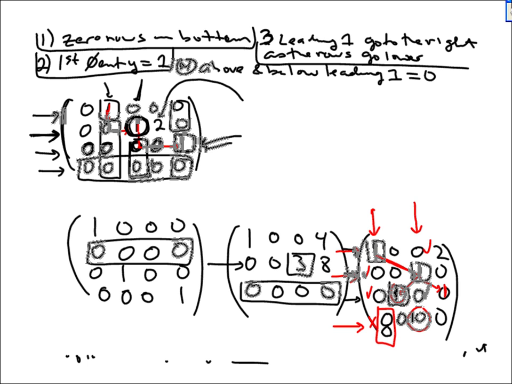Condition 2 says the first non-zero entry must be a 1. That's true. In row 1, the first non-zero entry is a 1, and in row 2, the first non-zero entry is a 1.